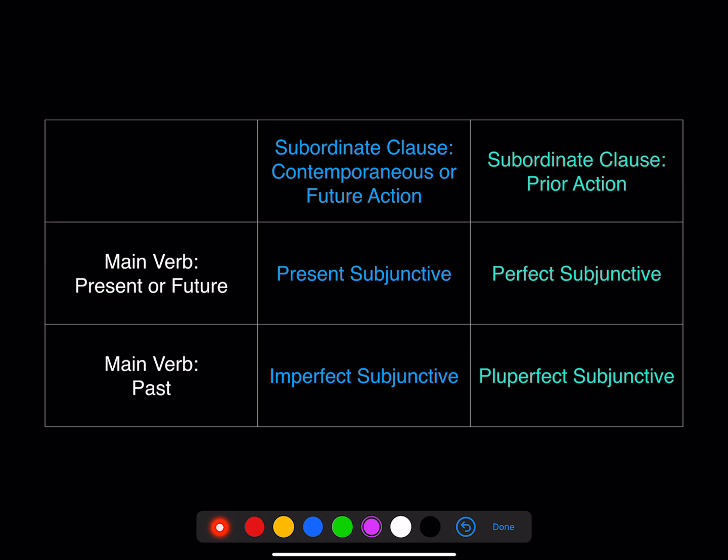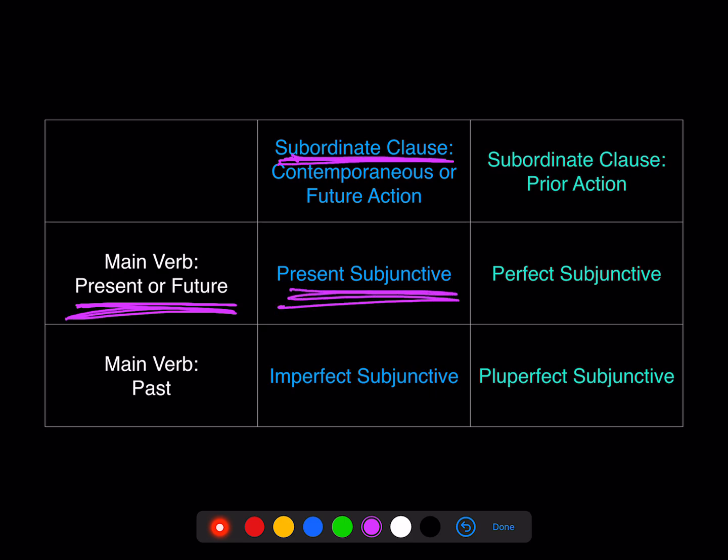So here's that chart. I think we've seen this before. If your main verb is in a present or future tense, then your subordinate clause, whether that's a purpose clause or an indirect command or a fear clause or an indirect question, will have a present subjunctive if the action in that clause is happening same time as or subsequent to, future to that main verb, and a perfect subjunctive if it happens prior to that main verb.